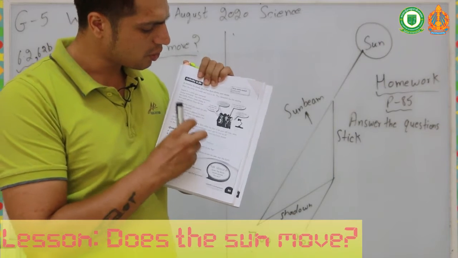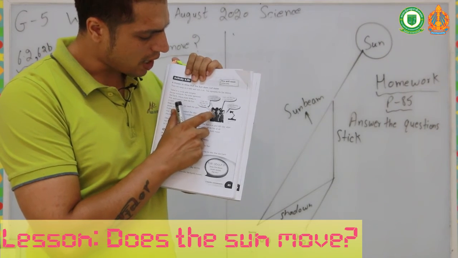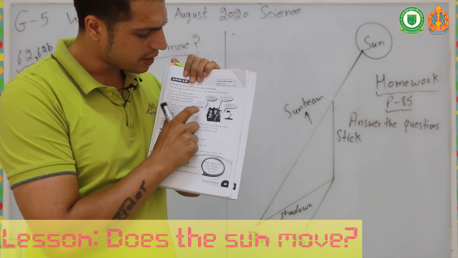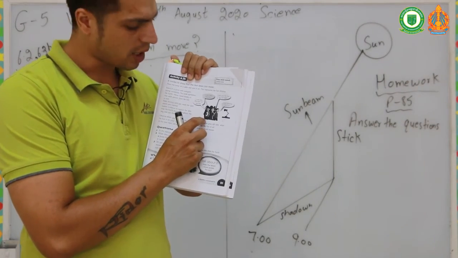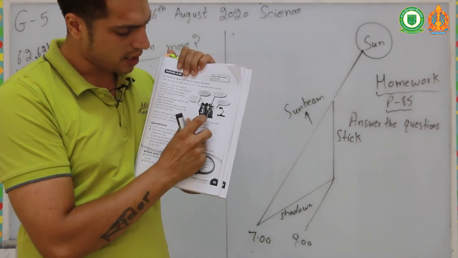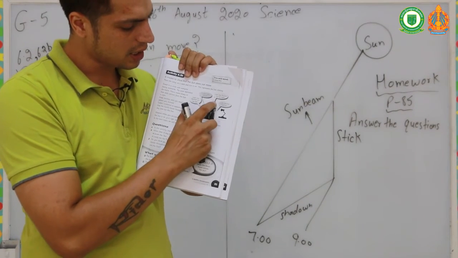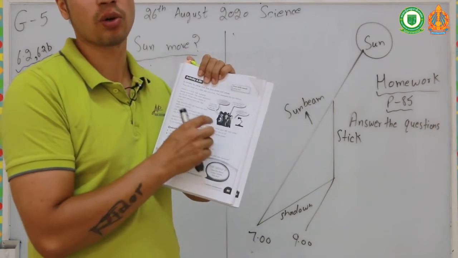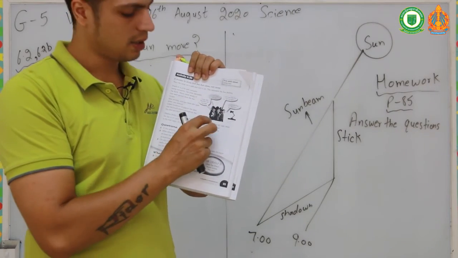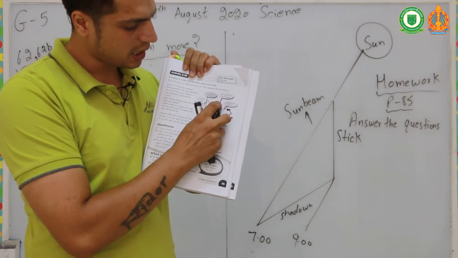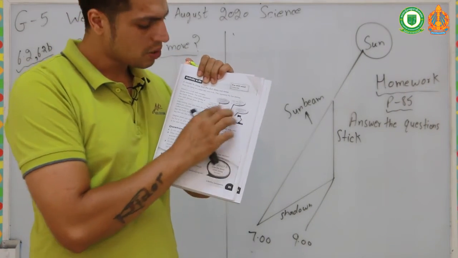Otherwise, you can see 6 kids. Just label them: number 1, number 2, number 3, number 4, number 5, number 6.